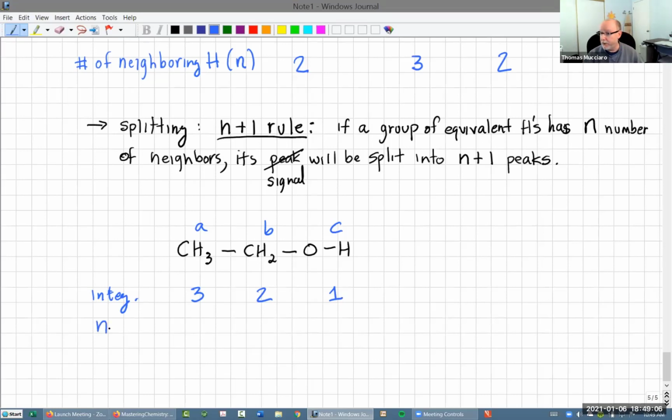My number of neighbors is going to be like this. Here's these 3 hydrogens. Here's the house next door, 2 hydrogens, 2 neighbors. Here's these 2 hydrogens. Now, here's the thing.